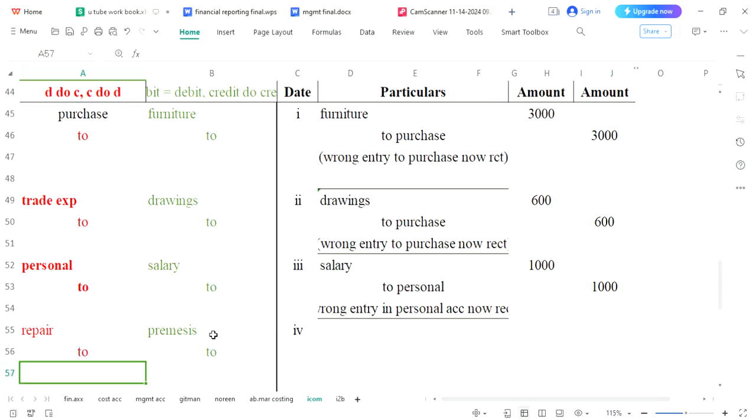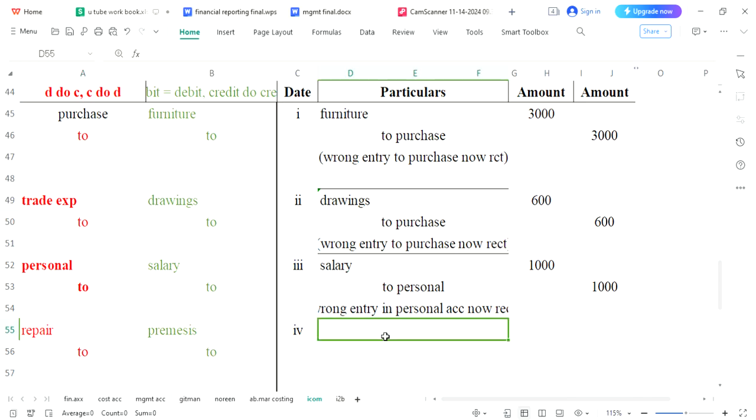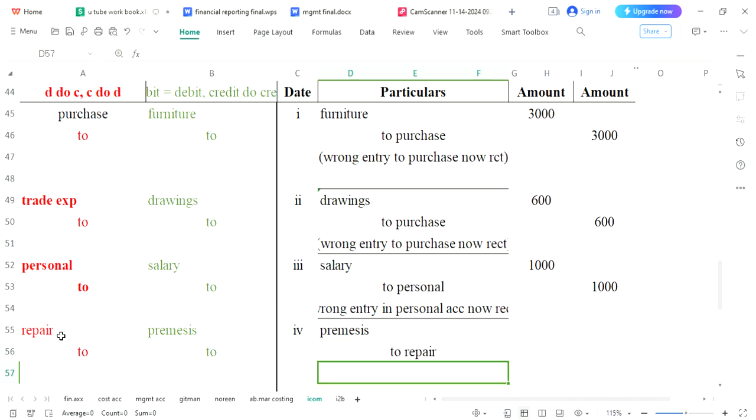So as usual, what is the actual entry, you will write in the same manner. If premises is present on the debit side, you will write premises on the debit side. This was the wrong entry. To cancel its effect, you will write it on the opposite side. That means credit. So repair would be written on the credit side.